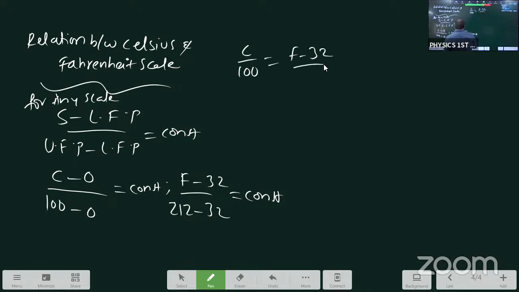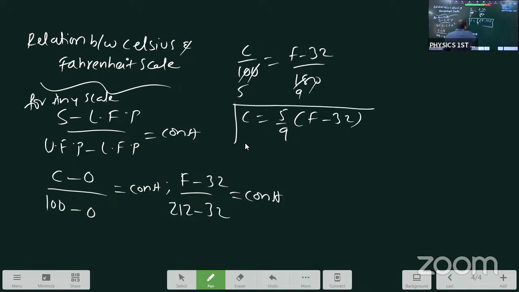F minus 32, 212 minus 32 is 180. The 0s cancel, 2 fives are 10, 2 nines are 18. C equals 5 by 9 into (F minus 32). Enough up to here. Remember, they are doing the derivation for this also, but that is a waste, so up to here is over.